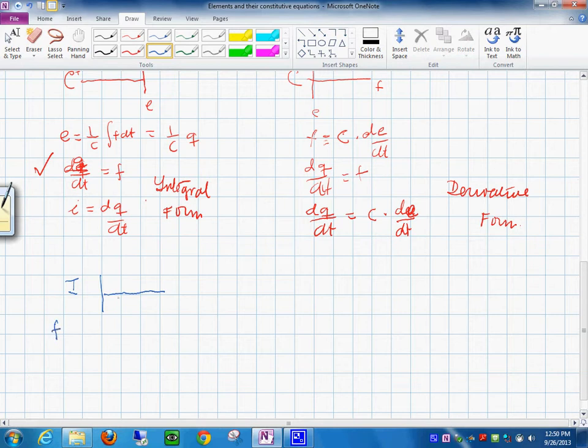The output is obviously F, and this is E. So F is equal to what? 1 over I times the integral of E dt.